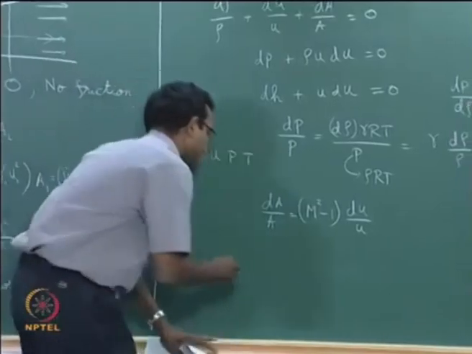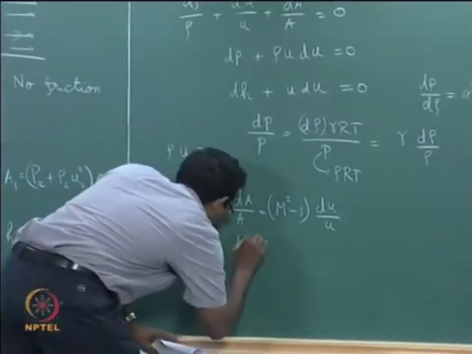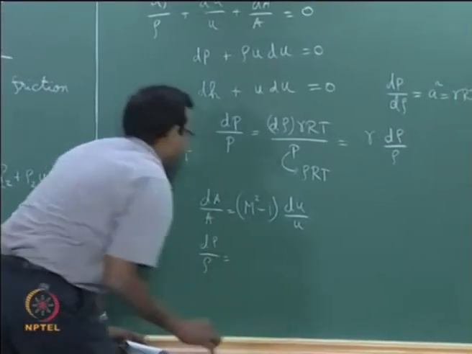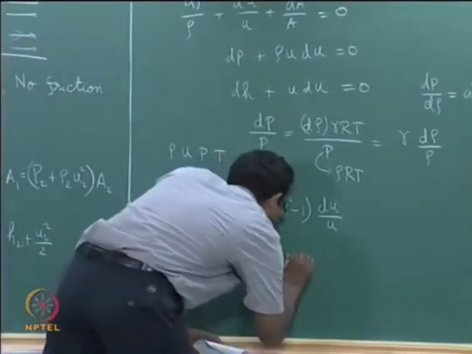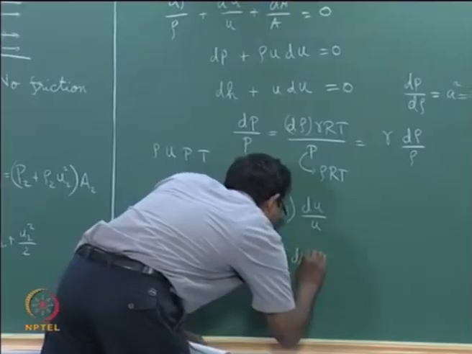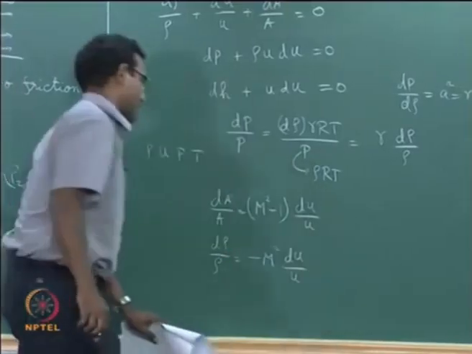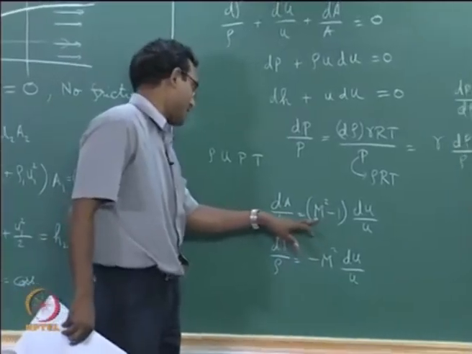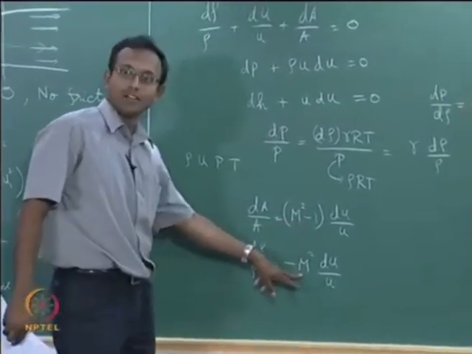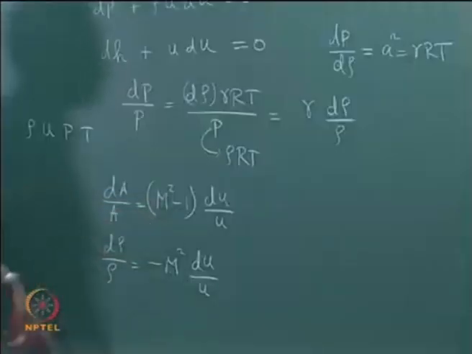Of course you cannot get this without d rho by rho actually. I should have given d rho by rho first. This M squared in the dA by A expression comes actually from d rho by rho in here. That is how you got to that point.